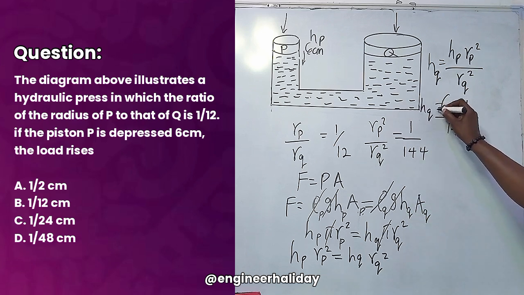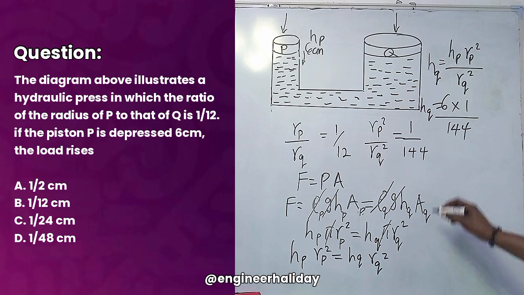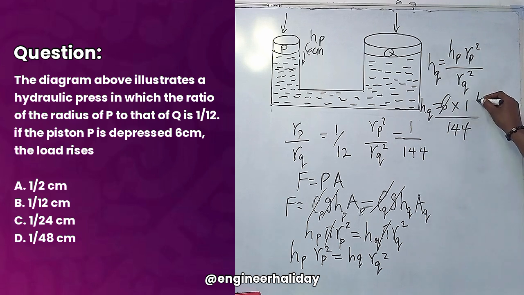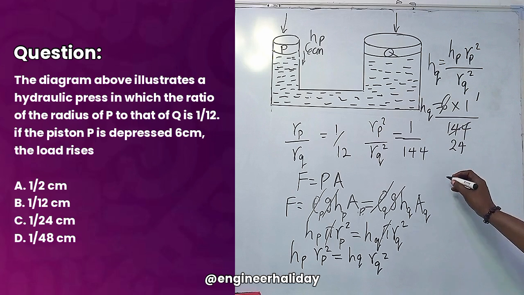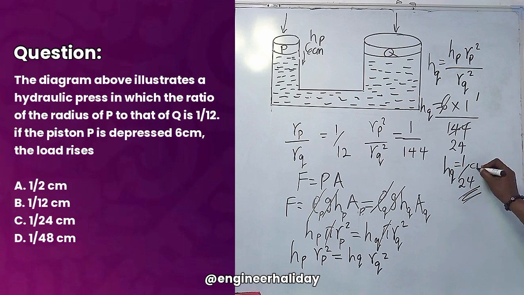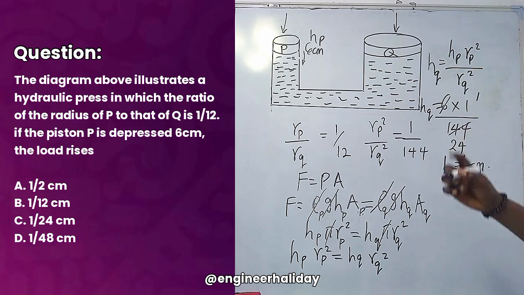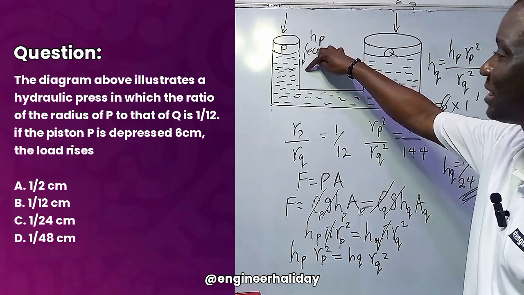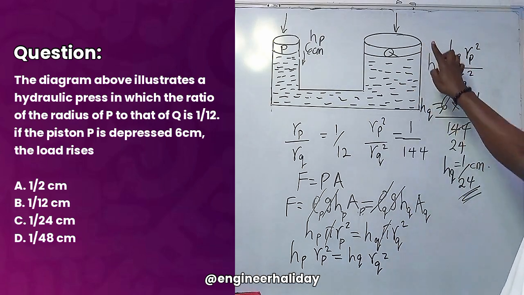So our hQ is 6 over 144, which is 1 over 24 centimeter that we use to rise. So as this one is depressed by 6 centimeter, this one will rise by 1 over 24.